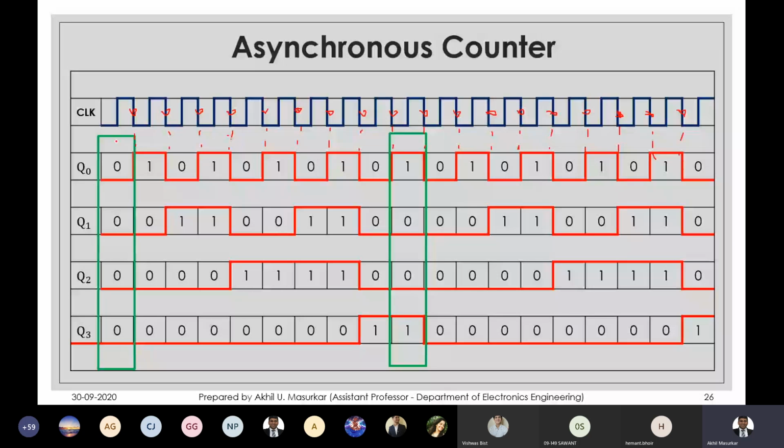So this is my 0, 1, 2, 3, 4, 5, 6, 7, 8, 9, and then here you can see it is again 0, 0, 0, 0. This is 0, 1, 2, 3, 4, 5, 6, 7, 8, and then again 9, and again it will become 0.